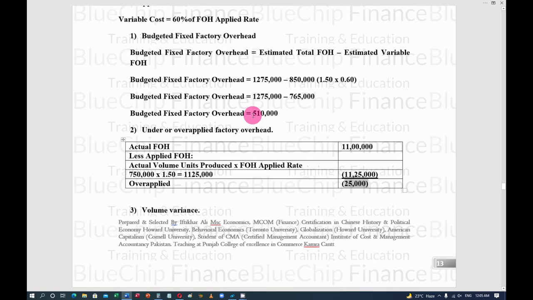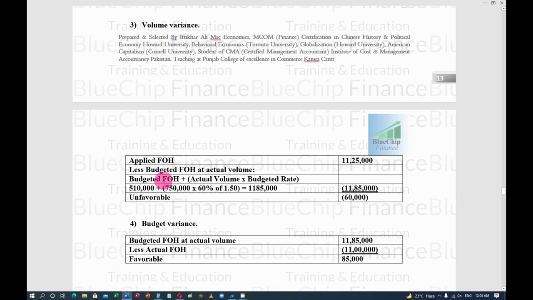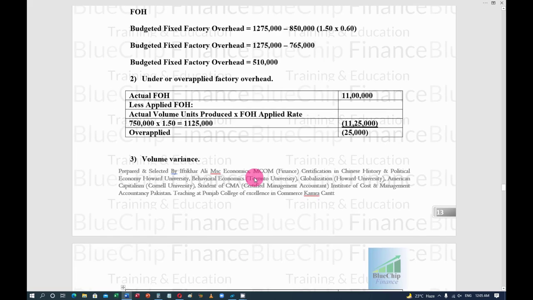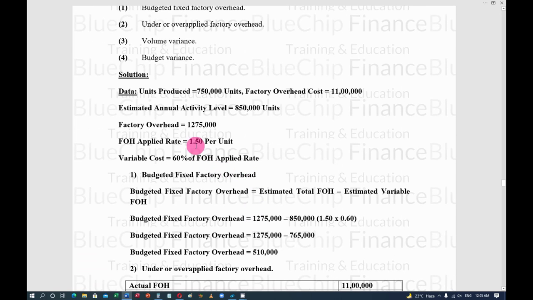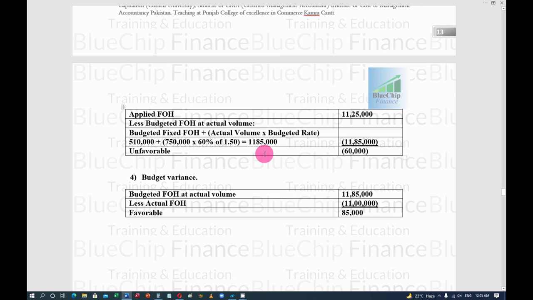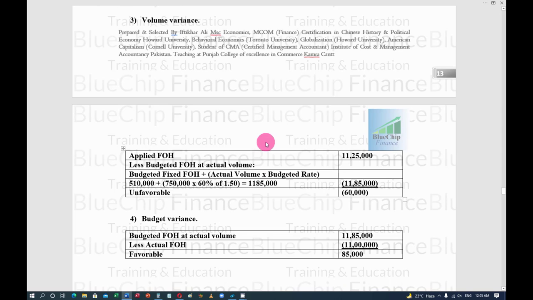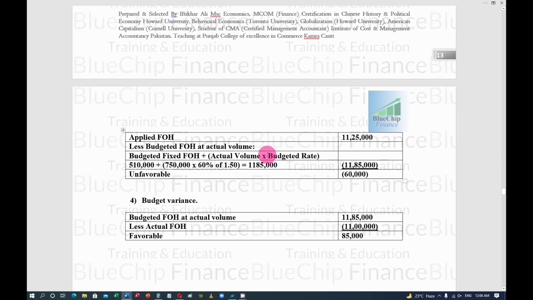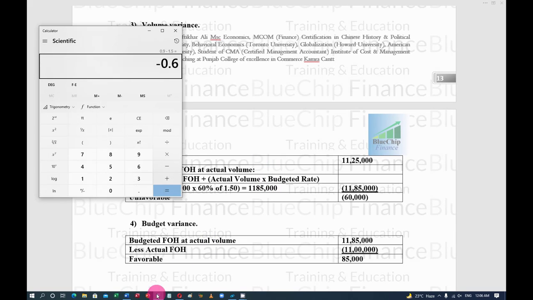Budgeted fixed FOH is 510,000, and capacity attained, the units produced, is 750,000, multiplied by the variable rate of 0.9.